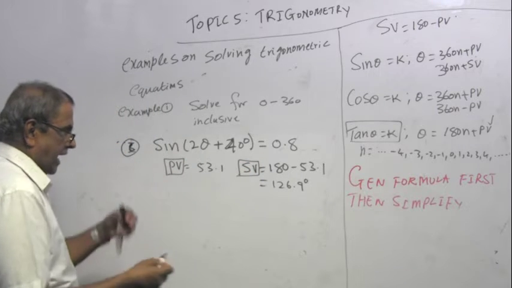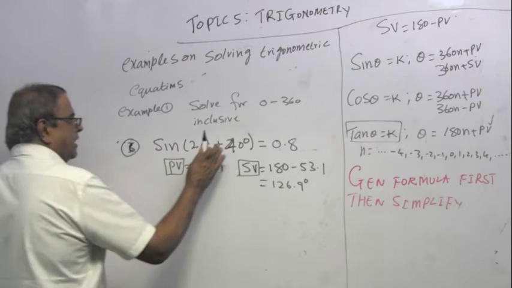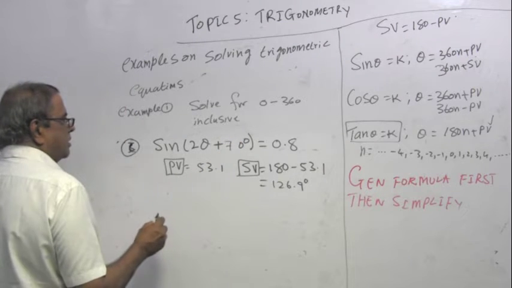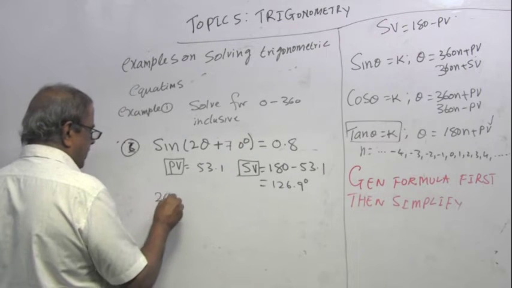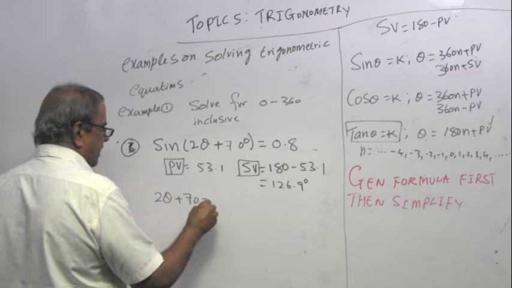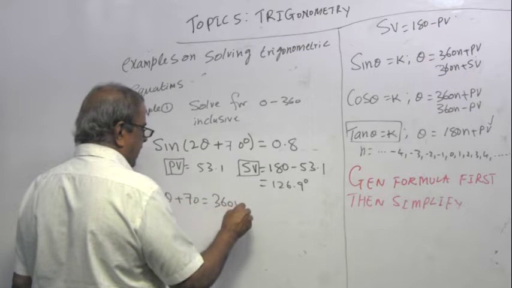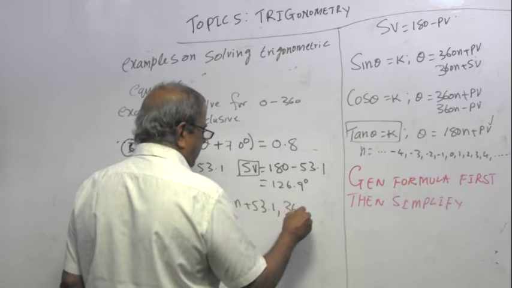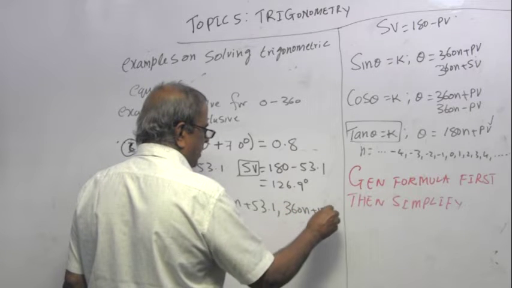So, rewrite the general formula first. 2 theta plus 70 equals 360n plus PV, or 360n plus SV.